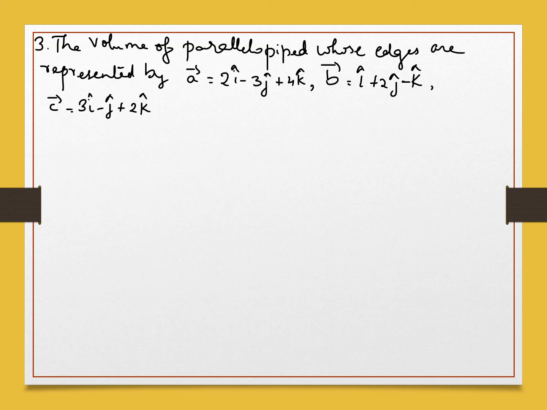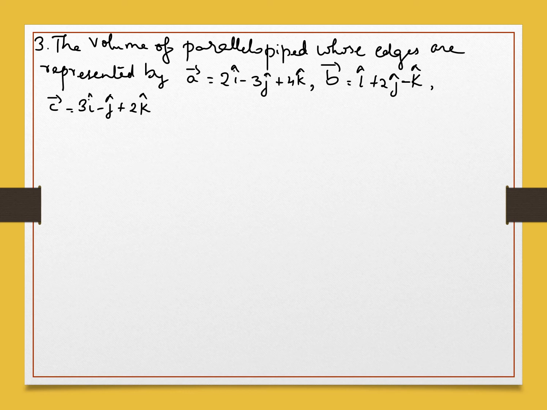Find the volume of the parallelepiped whose edges are represented by a vector, that is 2i minus 3j plus 4k cap, b vector is i cap plus 2j cap minus k cap, and c vector is 3i cap minus j cap plus 2k cap.